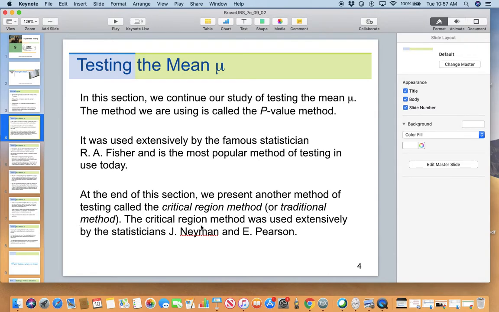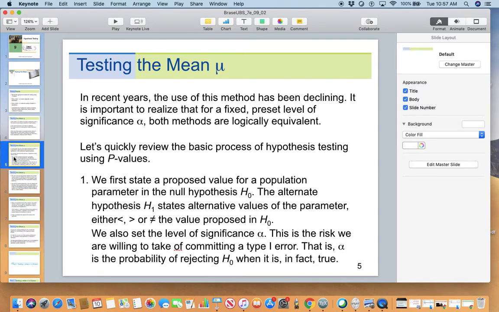The critical region method was used extensively by the statisticians J. Neyman and E. Pearson. In recent years, the use of this method has been declining. It is important to realize that for a fixed, preset level of significance alpha, both methods are logically equivalent.